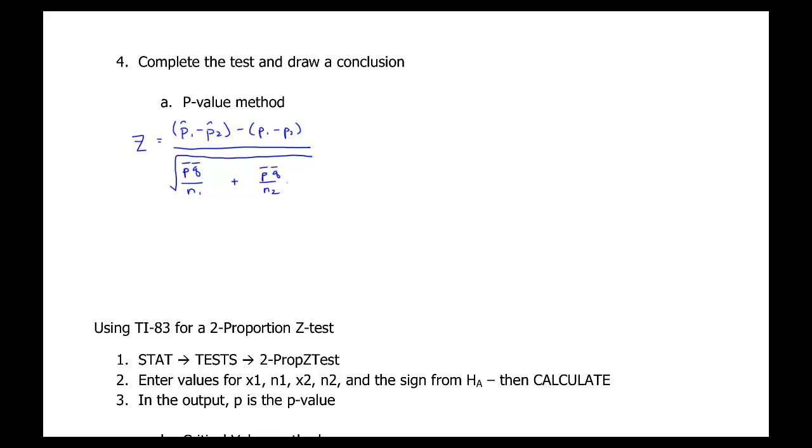So now we can fill in the numbers. Our first sample proportion was 0.565. And we subtract the second sample proportion, 0.741. The difference between the population proportions from our hypothesis is 0. The pooled proportion was 0.66, and pooled Q would be 0.34. The first sample size is 23.